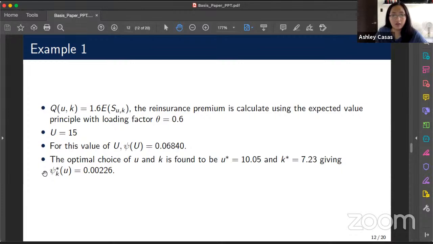And they find that the optimal choice of U and K is 10.05 and 7.23 respectively, giving a minimum ruin probability under the modified process of 0.00226.